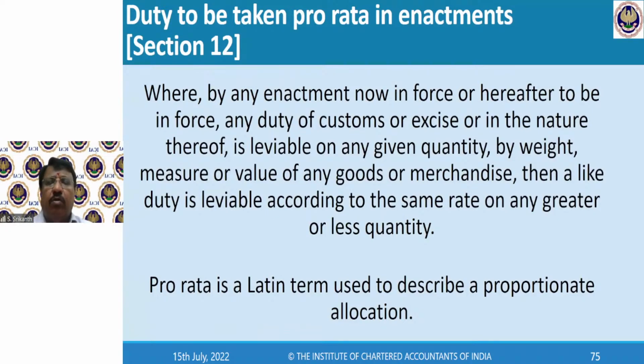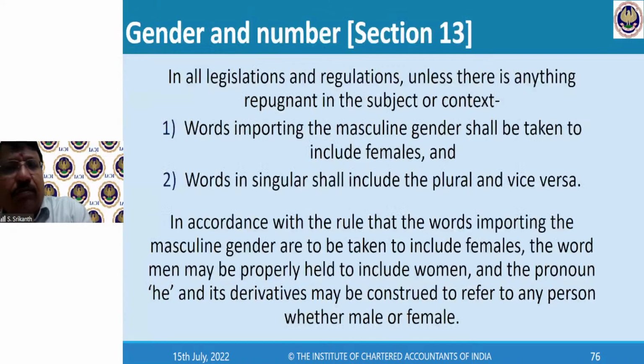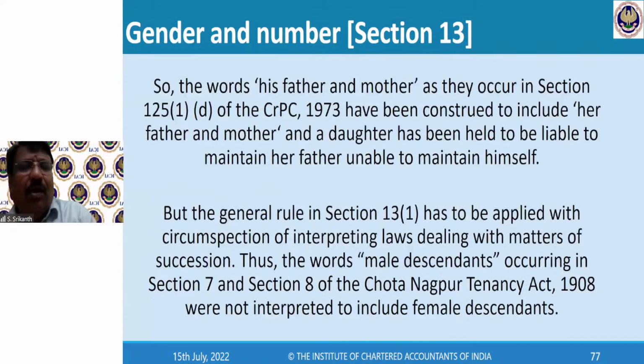That is how I have to do it. 500 divided by 5 into 7. Right? It will be more. Got it? This is nothing but pro rata. That's all. Okay, sir. Moving on. This is clear. But the general rule in 13.1 shall be applied with circumspection. Circumspection means, you don't like this big word, circumspection.